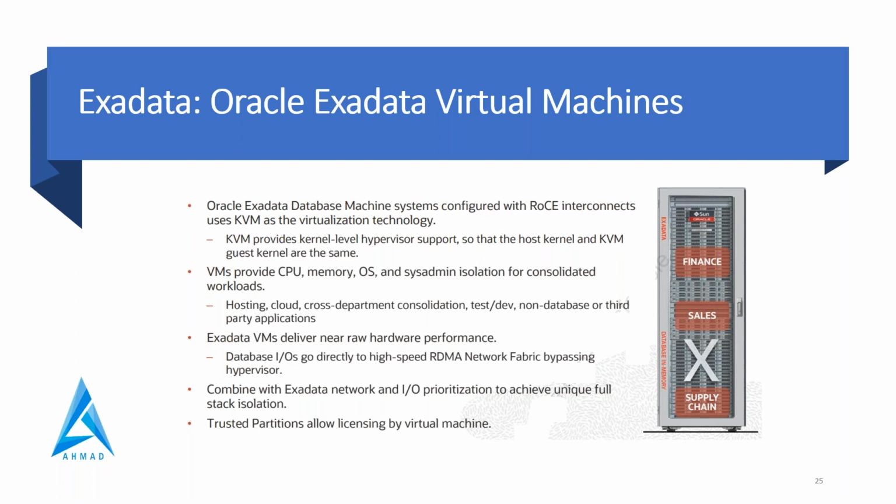So the Exadata-based machine is the world's fastest virtualized database platform, because Exadata virtual machine uses high speed network with single root IO virtualization, that is SRIOV, to ensure that performance within a virtual machine is similar to Exadata raw hardware performance. So that is Exadata virtual machine.